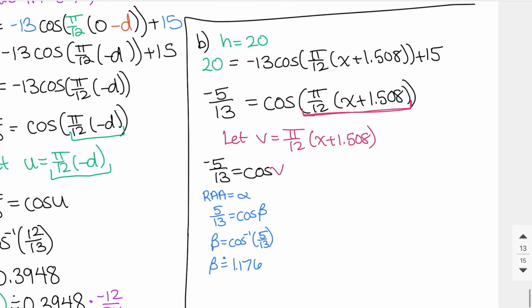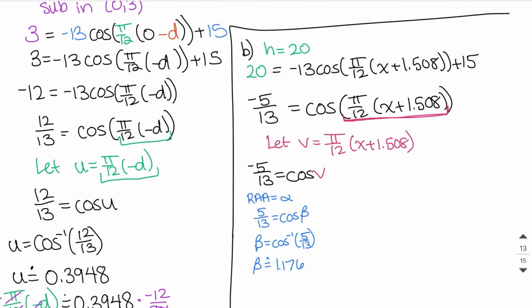Okay, cool. So now cosine is actually a negative value, and because cosine is negative, we have to think about which quadrants cosine is negative, and it's always going to be the left two quadrants, so quadrant 2 and quadrant 3. And we figured out right here what that beta is, right? So we know that beta is that 1.176 in radian measure.